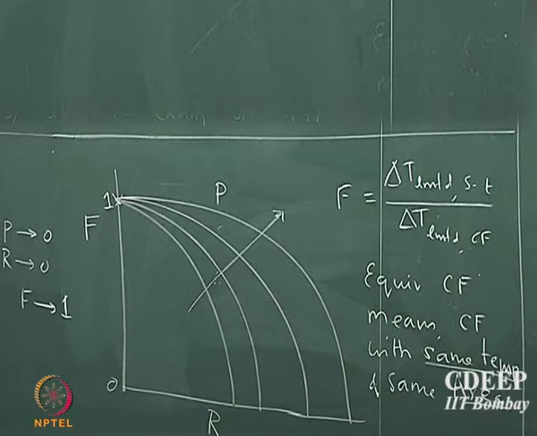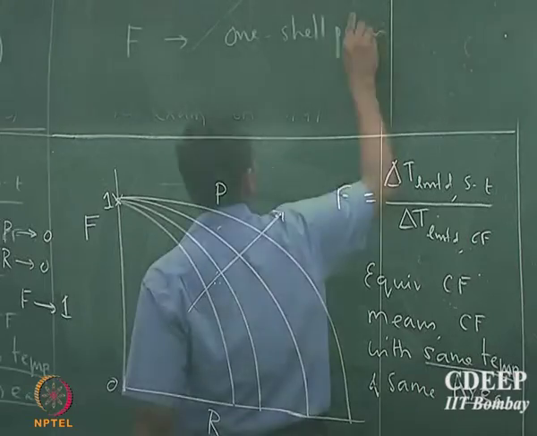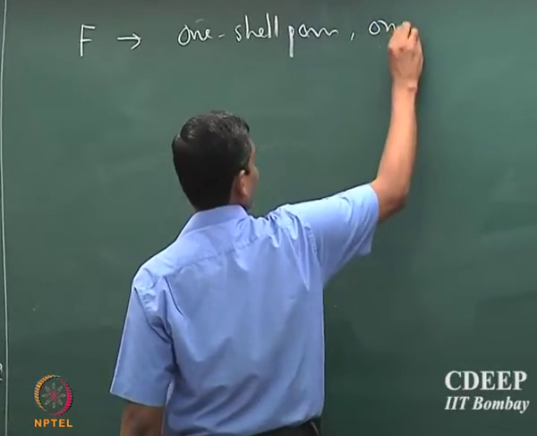So this has been worked out. This kind of graph has been worked out for all kinds of shell and tube configurations. We will not go over all of them, but they are all available in tabular form. The F is available for 1 shell pass, 1 tube pass.